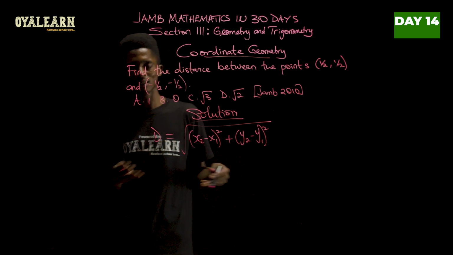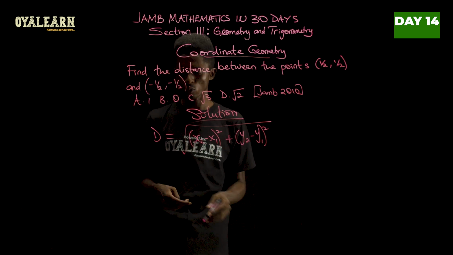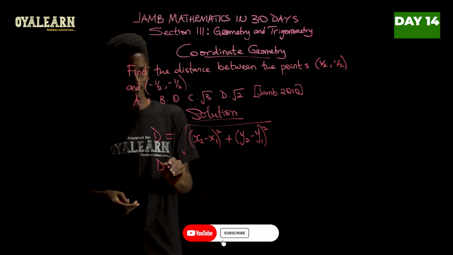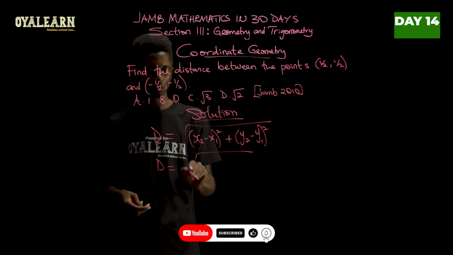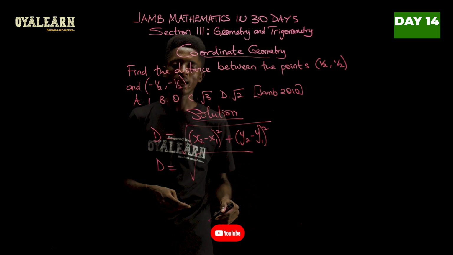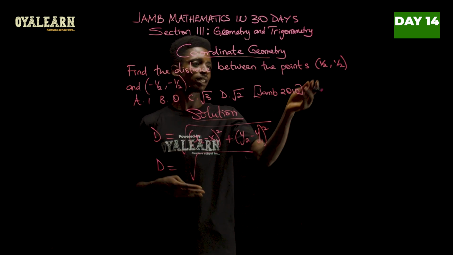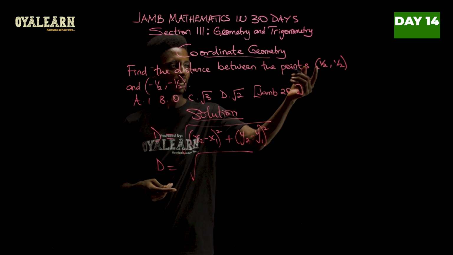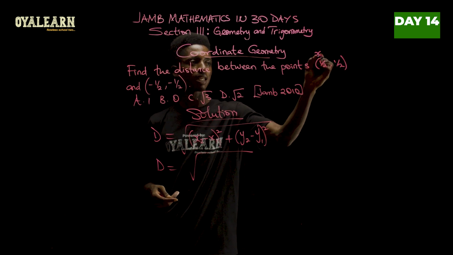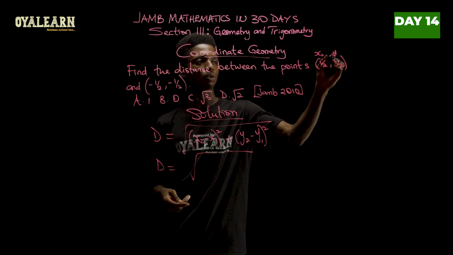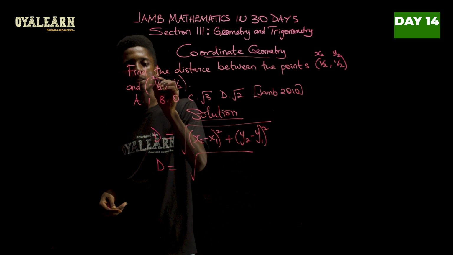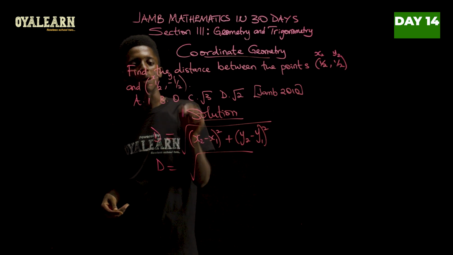So basically find the modulus of x2 minus x1. So from here we can then say d equals the square root of, now x2 would be, now we'll take the greater number here as x2. So let's call this x2, this one y2, and we'll call this x1, and this one will be y1.